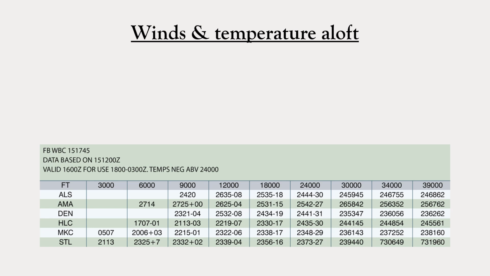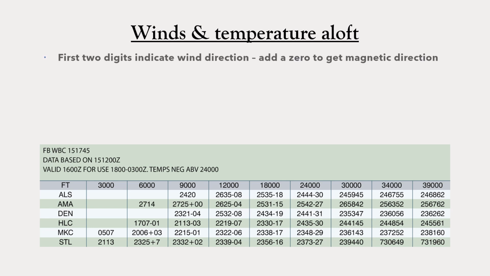The columns of the table are at different altitudes, increments of 3,000 feet up until we get up to 12,000 feet, and then somewhat bigger increments after that. Each entry in this table will generally have a 6-digit entry.